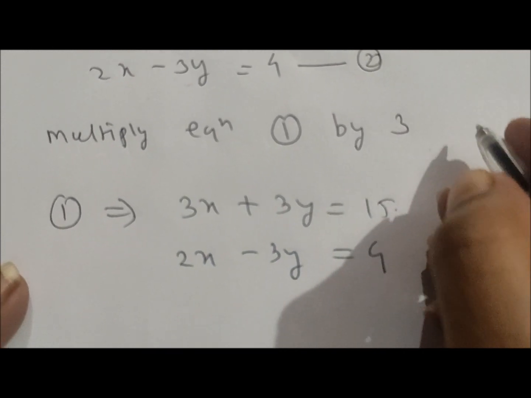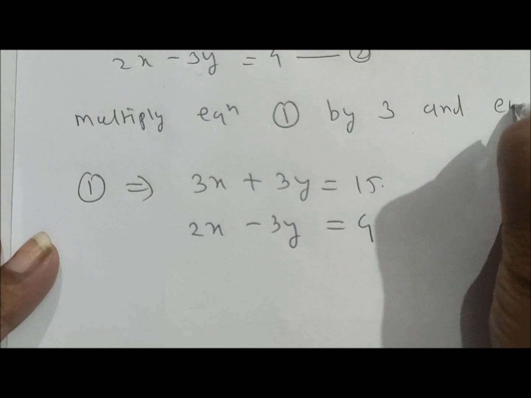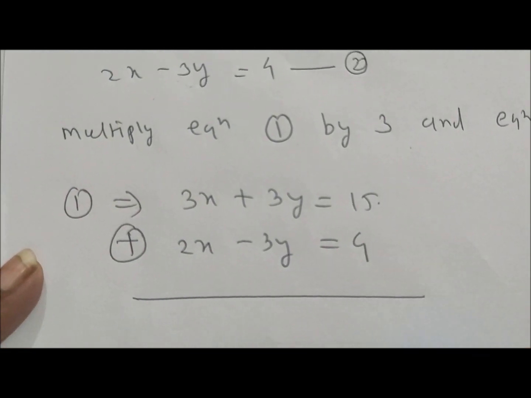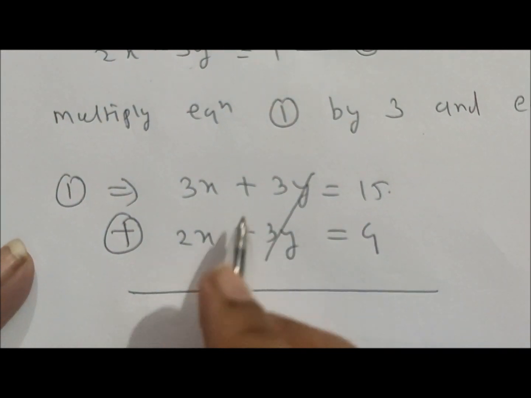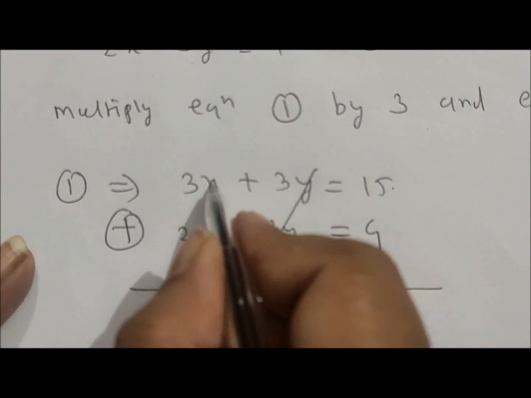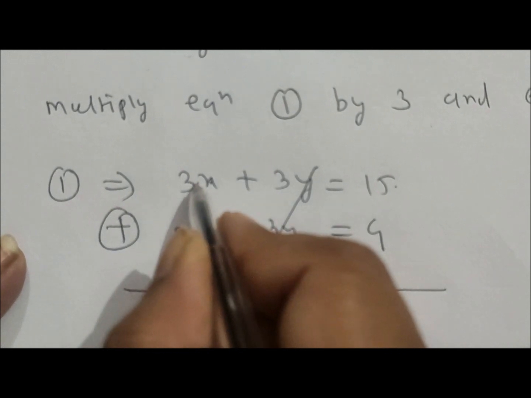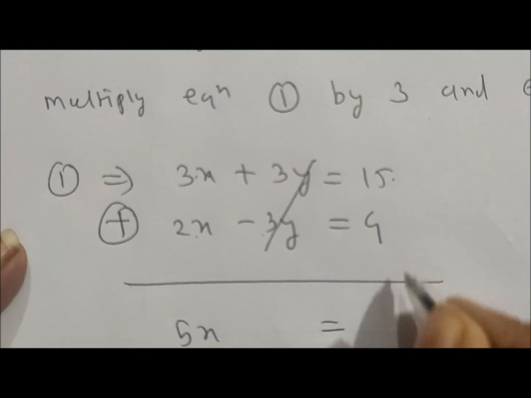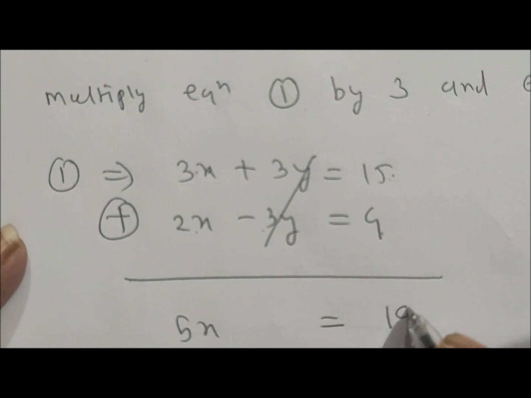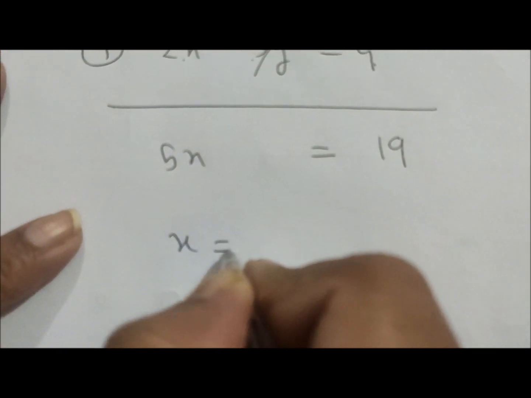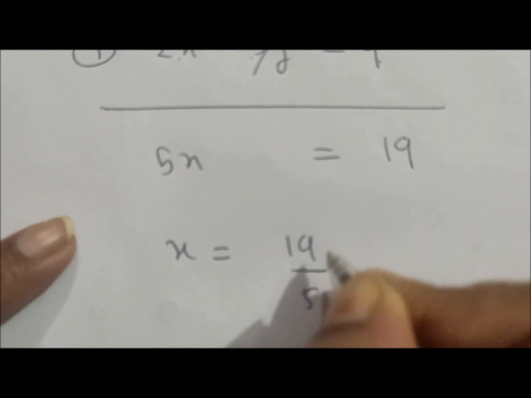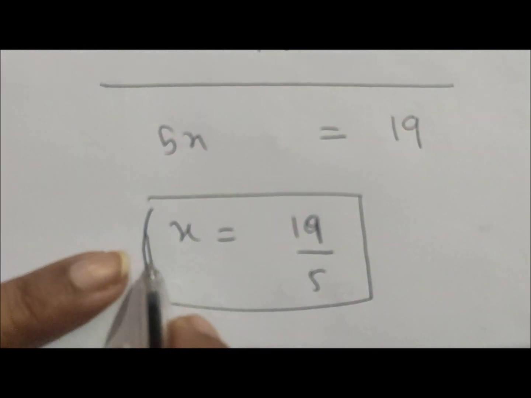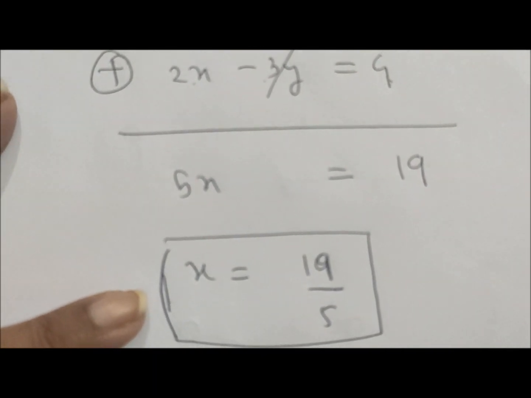Multiply equation 1 by 3 and add equation 2. When we add these two equations, what will we get? The 3y and minus 3y will get cancelled. Now see, 3 plus 2 we will get 5x is equal to 15 plus 4, which is 19. Then x is equal to 19 by 5. We got the value x is equal to 19 by 5.